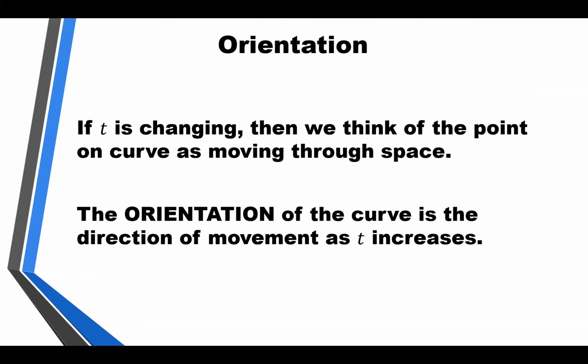If we are tracking movement, then one way to talk about tracking movement is the idea of orientation. As t changes, think of the movement of the point on a curve as it's moving through space.